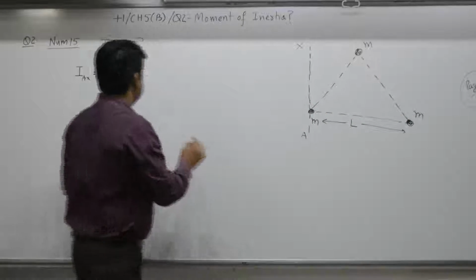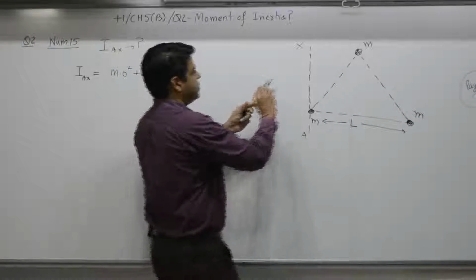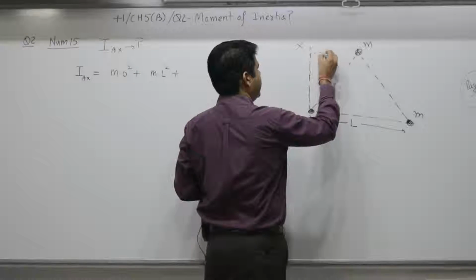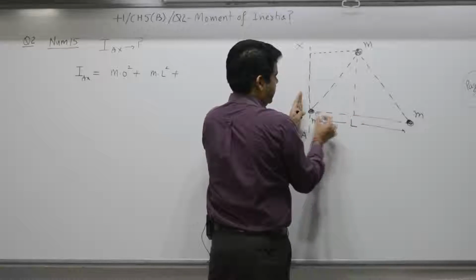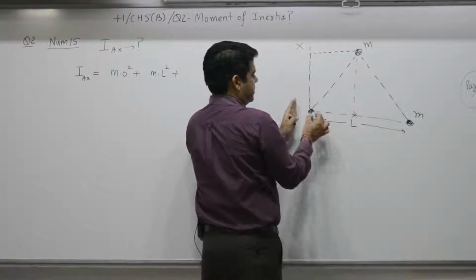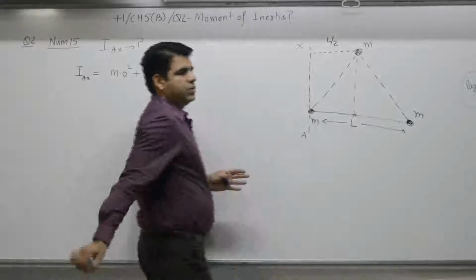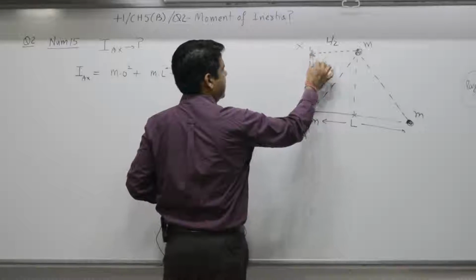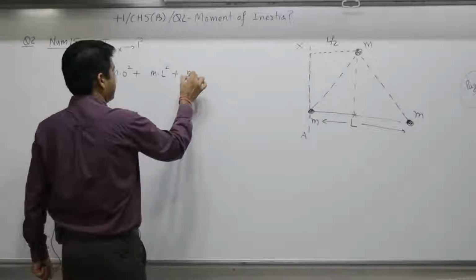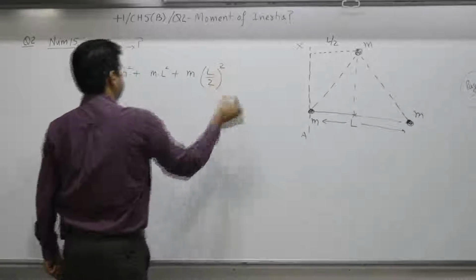L. So it is m into L square, plus the third object, this one. This is the center. This distance is how much? L by 2. So the perpendicular distance from the axis of rotation is L by 2. It is m into L by 2 square.